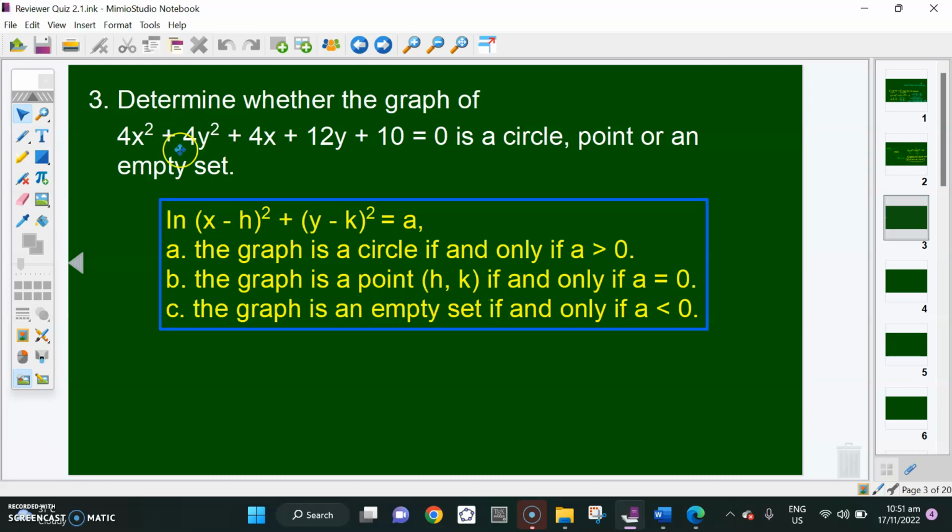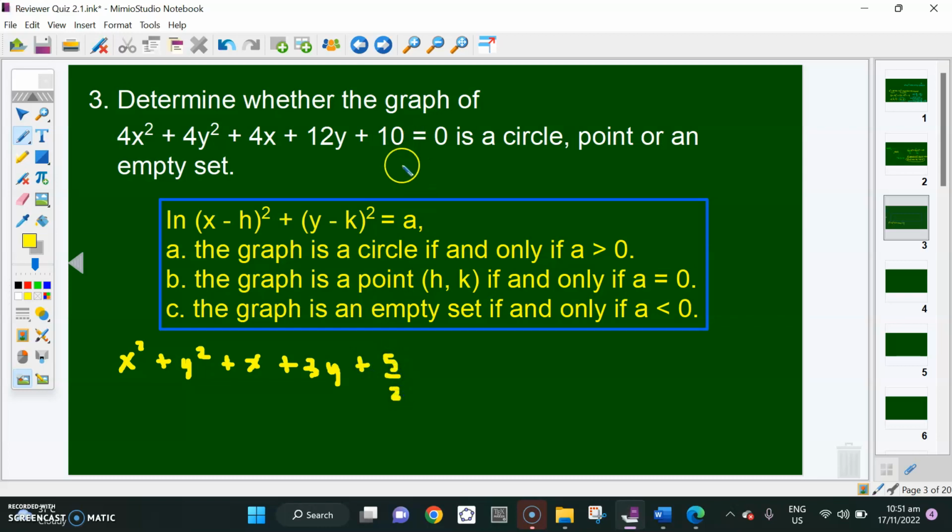Okay, so to answer this question, we have to convert this into standard form, and to do that, we divide both sides by 4. So we're going to have x squared plus y squared plus x plus 3y plus 5 over 2.